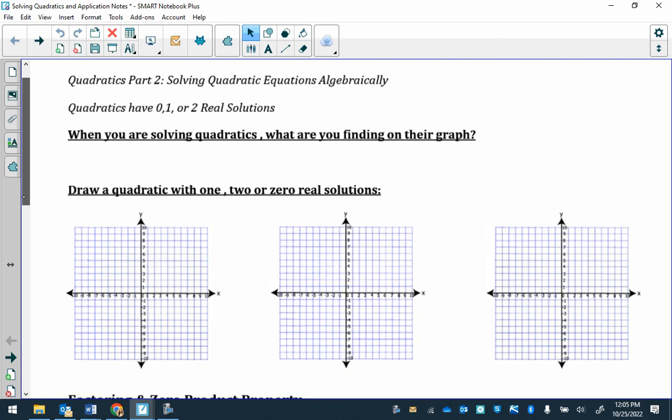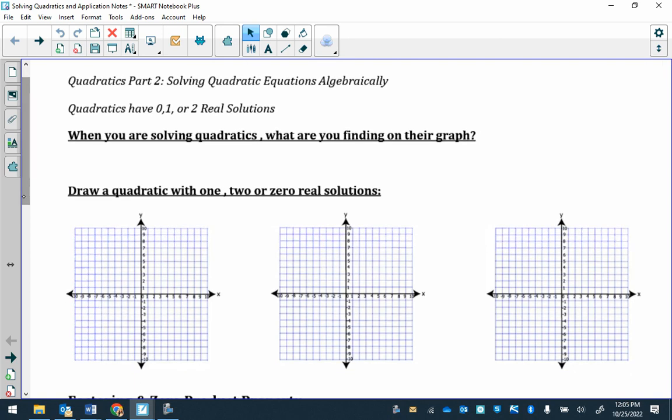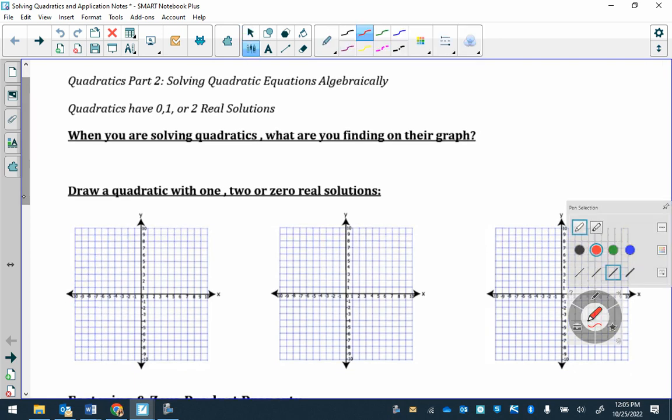Okay. So one question we want to answer is, when we are solving quadratics, what are you finding on the graph? The table of values and the vertex are additional points, right?